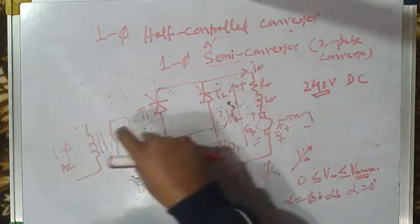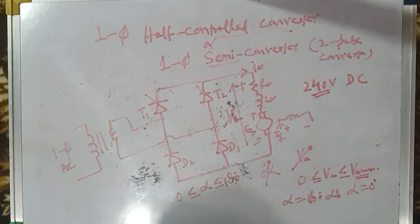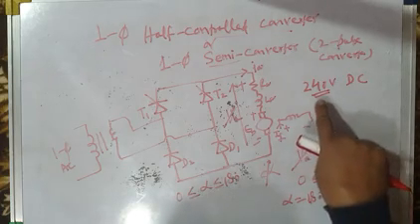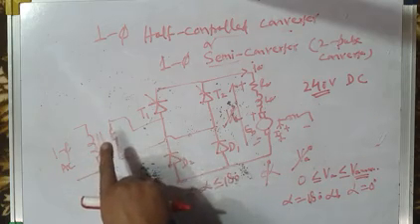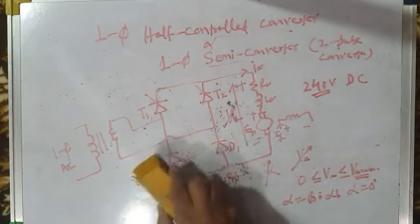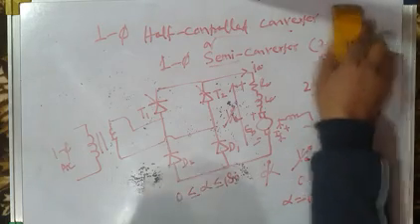If on the other hand your AC supply has an RMS value such that for alpha equal to 0 degree you get maximum armature voltage equal to the rated motor voltage, then you don't need this transformer. This explains why we need a transformer.